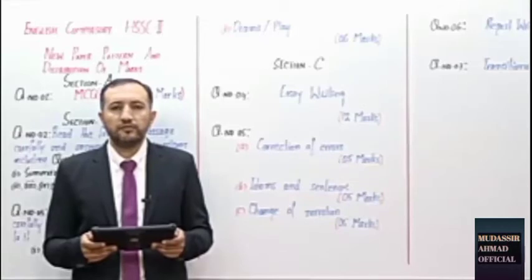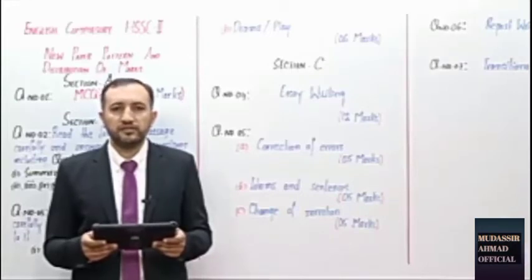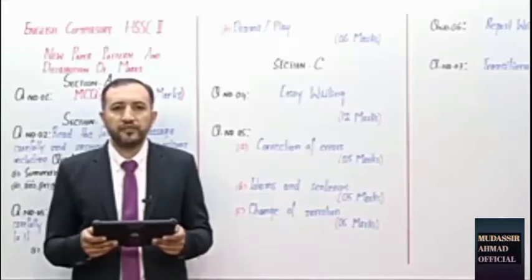So you are supposed to go through different plays and dramas, and be familiar with the elements of the drama and the important ingredients which are necessary to write a play or to grasp the basic theme of a drama. So this part B of question number 3 is related to drama or play.